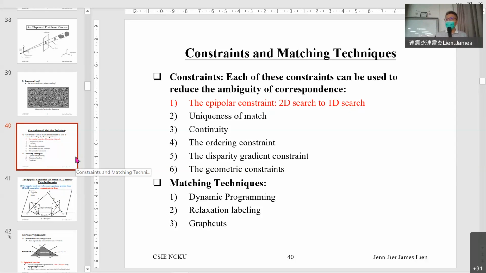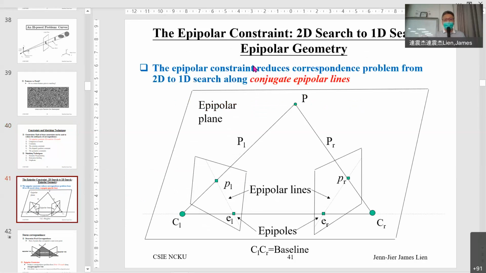So right now, how can we find the corresponding point? How can you find the corresponding point? So I want to introduce this one. We need to understand epipolar geometry. There is something called the epipolar constraint. What's the epipolar constraint?